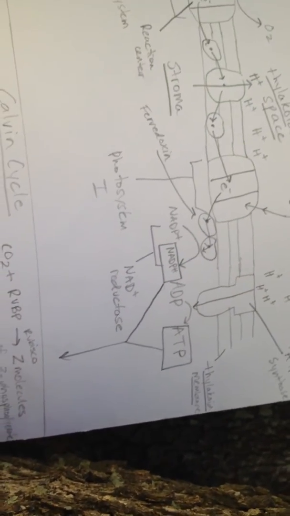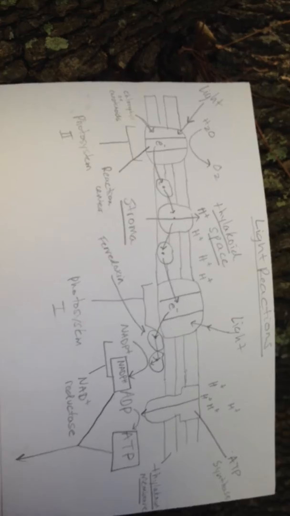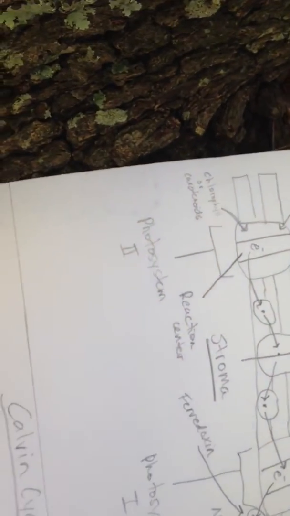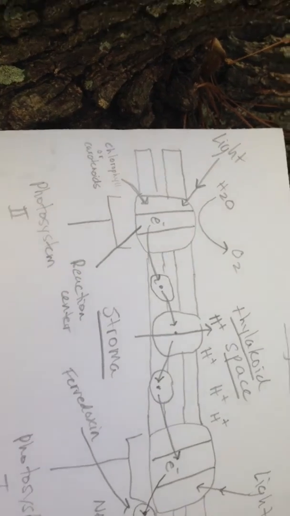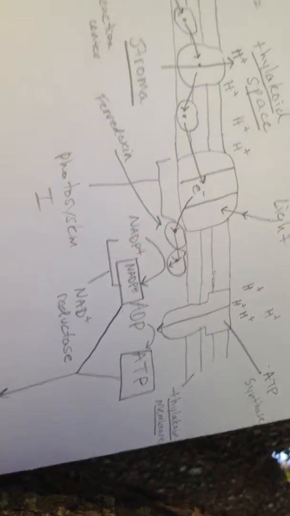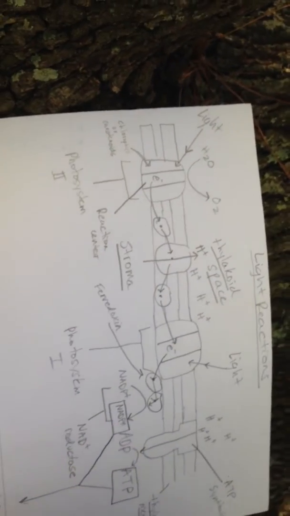Now that is one of the most important products of this light reaction. Going back to explain this a little more, these two bars you see are the thylakoid membrane. That's where the light reaction is happening inside the chloroplast.